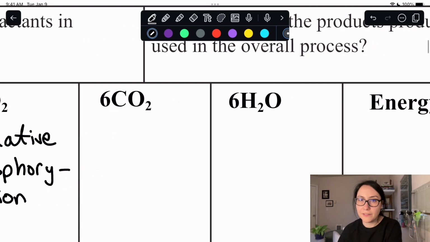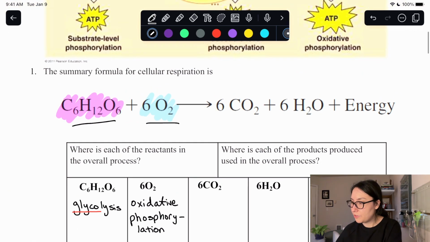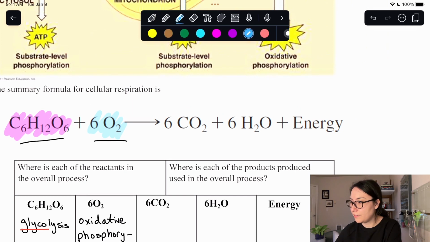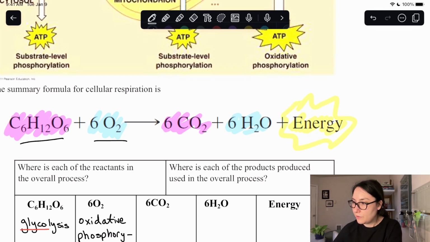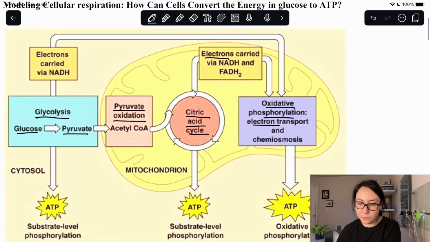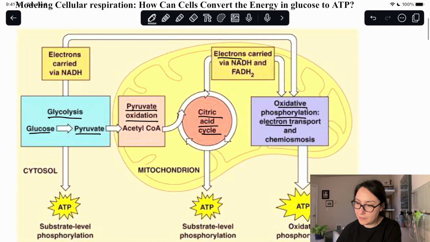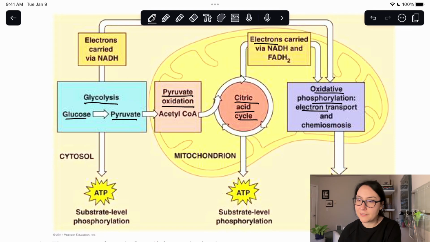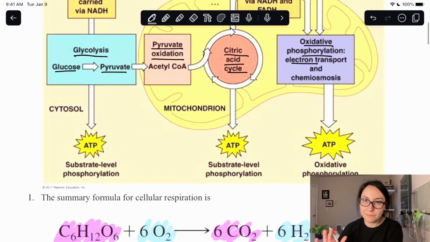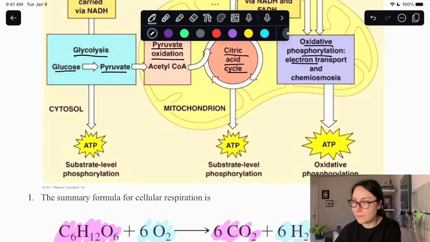Now your 6CO2 and your 6H2O, which are your products up here. So here is one product, here is another product, and here is your energy. We'll just make a big circle around it, energy. You want to look at this and ask, where exactly is that going to be? Well, your 6CO2 is one of the products, a little bit of OChem around here, but I promise it's not scary.